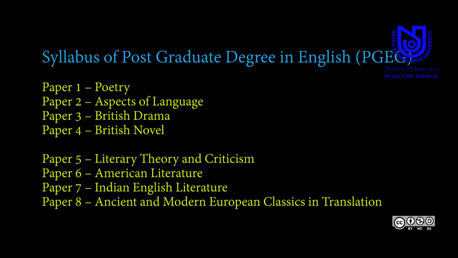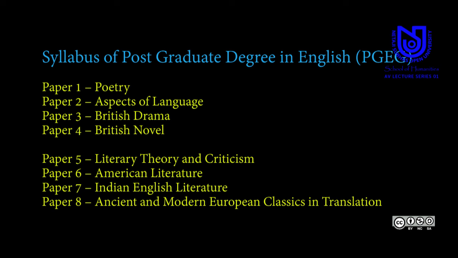Now let's try and understand the syllabus that you have. Your papers are mostly divided genre-wise. Refer to the timelines and you will be able to place the literary texts in papers 1, 3 and 4, which are poetry, drama and novel respectively. Paper 2 is devoted exclusively to studying language. Paper 5 will deal with literary theory and criticism.